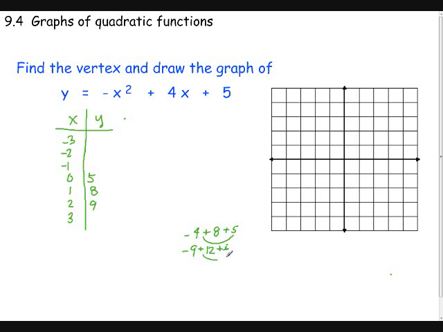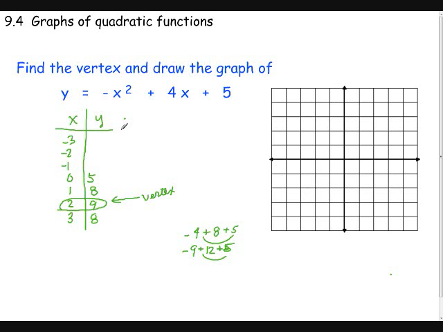So this time I've got a positive 17 and negative 9. That's 8. You notice something happening here? I think this must be our vertex. Do you have the same thought I have?